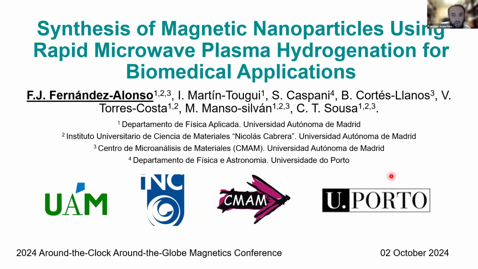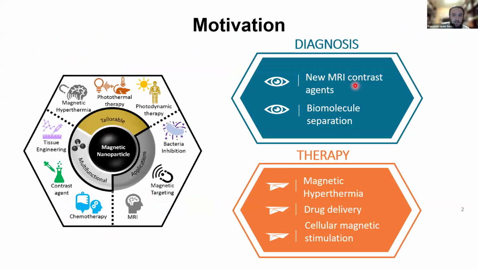So first of all, why is it important to do research in magnetic nanostructures for biomedical applications? Well, magnetic nanostructures have several applications in medicine. They can be used for diagnosis, for example as new magnetic resonance imaging contrast agents, and for biomolecule separation.